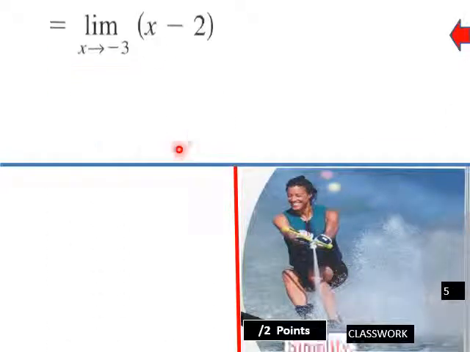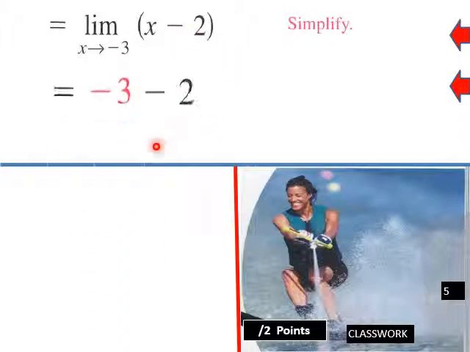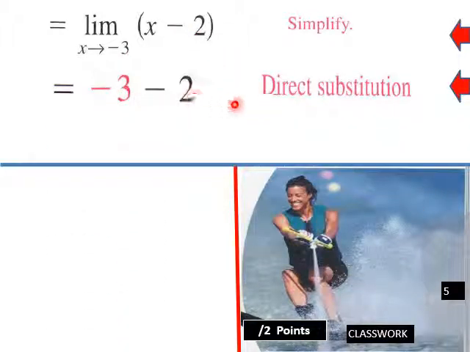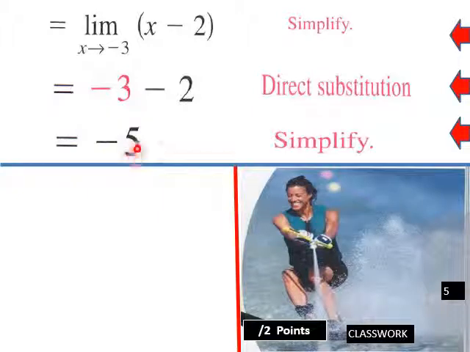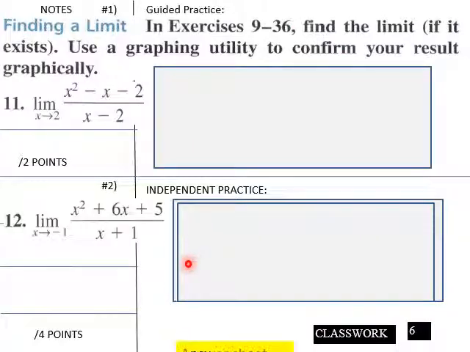So the limit as x approaches negative 3 of x minus 2 is negative 3 minus 2, which gives negative 5. That is our direct substitution way of doing it, rather than just looking at the expression without factoring it.